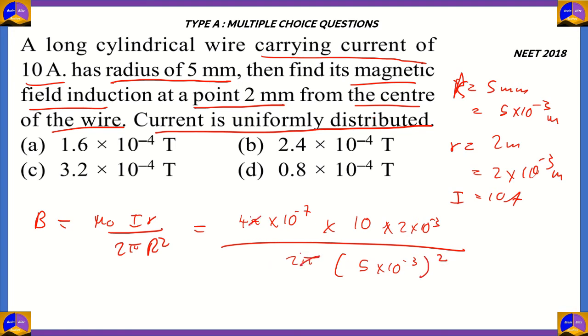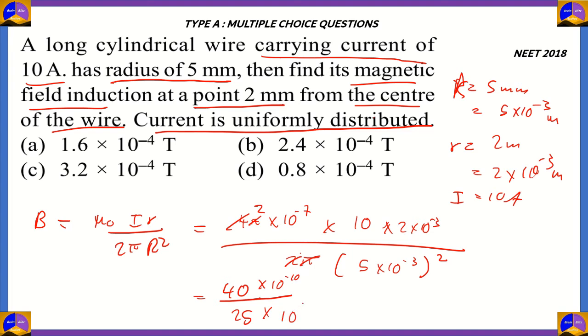So pi gets cancelled. 2 goes into 4 twice. 2 times 2 times 10 gives you 40. And then 5 squared is 25. So 40 times 10 raised to minus 7 minus 3 gives you 10 raised to minus 10. And in the denominator, minus 3 the whole squared gives you minus 3 times 2, which is minus 6.